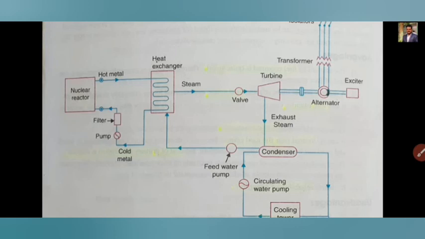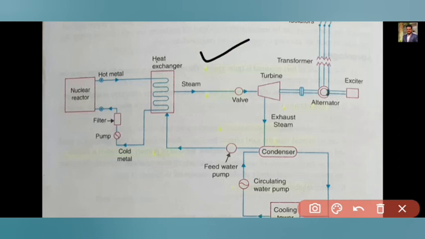This plant is more economical to produce a bulk amount of electricity. Also, this plant can be located near the load center.